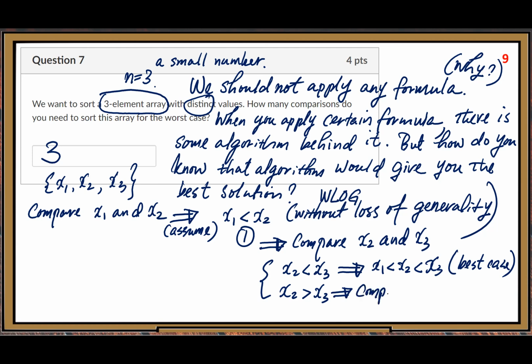Compare x1 and x3. You have 2 cases, but you need a third comparison to get it sorted. This is comparison number 2, comparison number 3, and you get it sorted. This is the worst case.